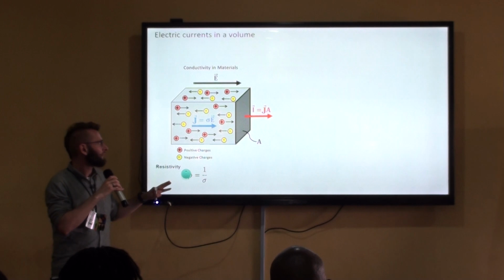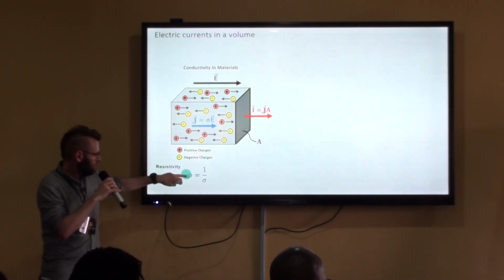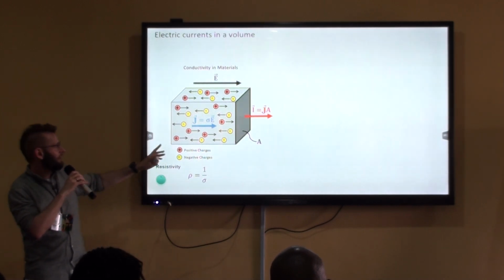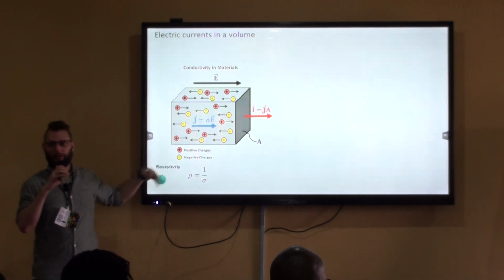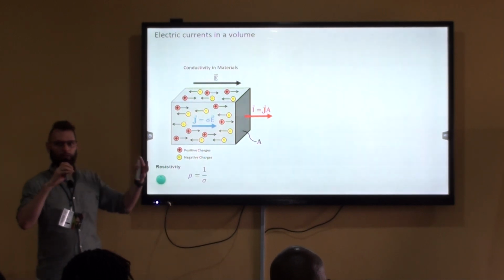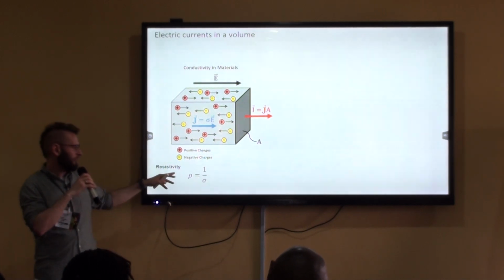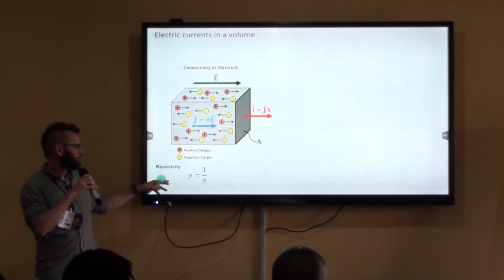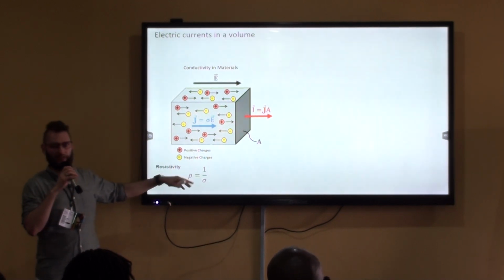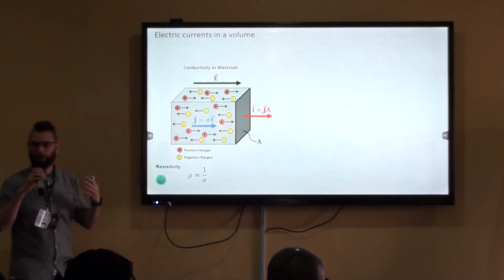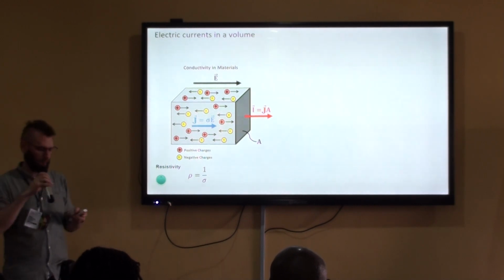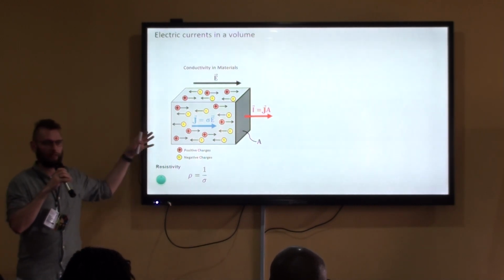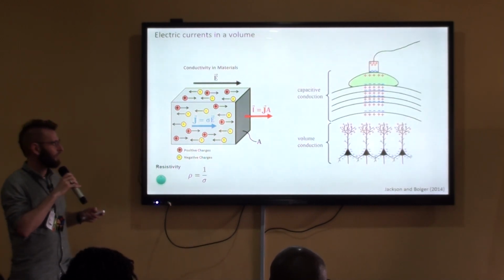So what is relevant for understanding how the electric currents propagate throughout the brain is this concept of resistivity. You can see that's the inverse of the conductivity, the properties of the material that the electric field is propagating through.